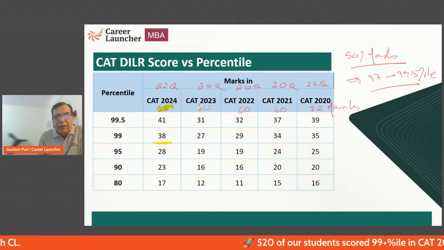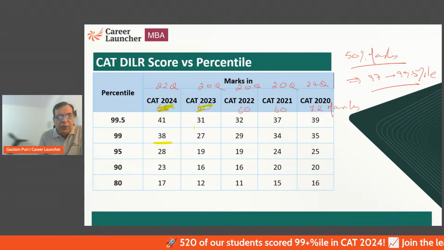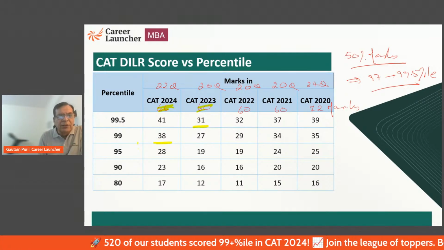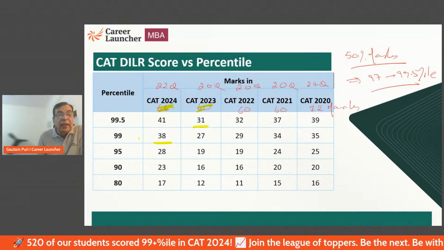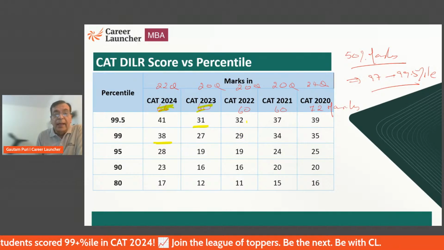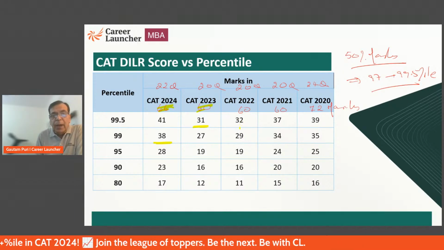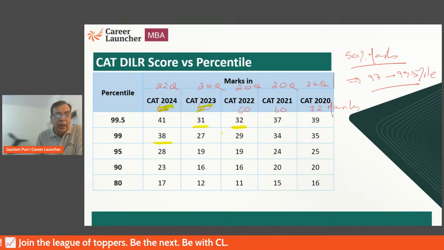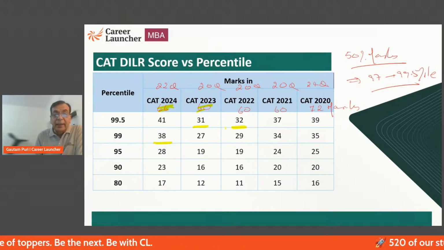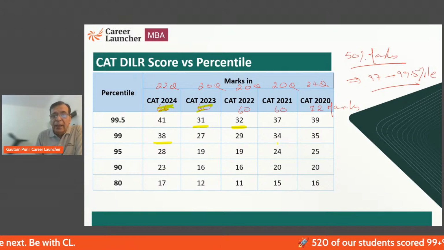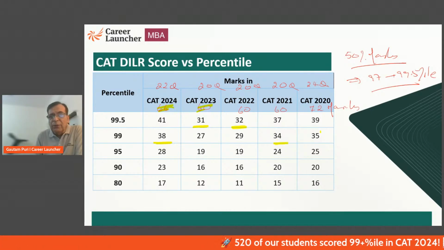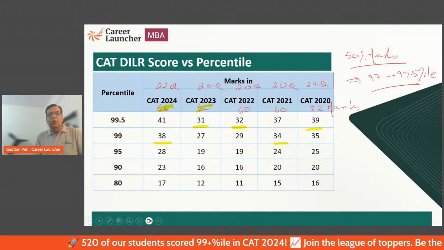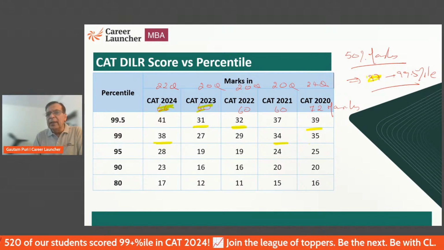In CAT 23, a 60 marks paper, 30 marks would be about 99.3, 99.4 percentile. In CAT 22, a 60 mark paper, 30 marks would be between 99 and 99.5 percentile. And the same thing you could see for the other 2 years. So the range is very clear. You will easily get this much.